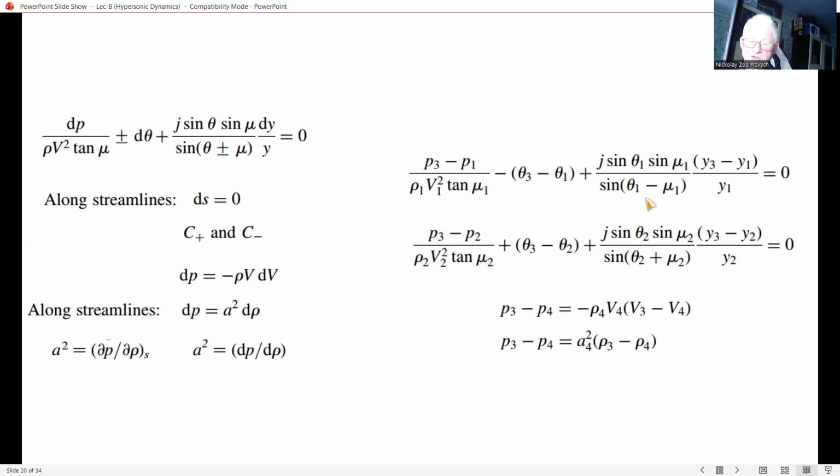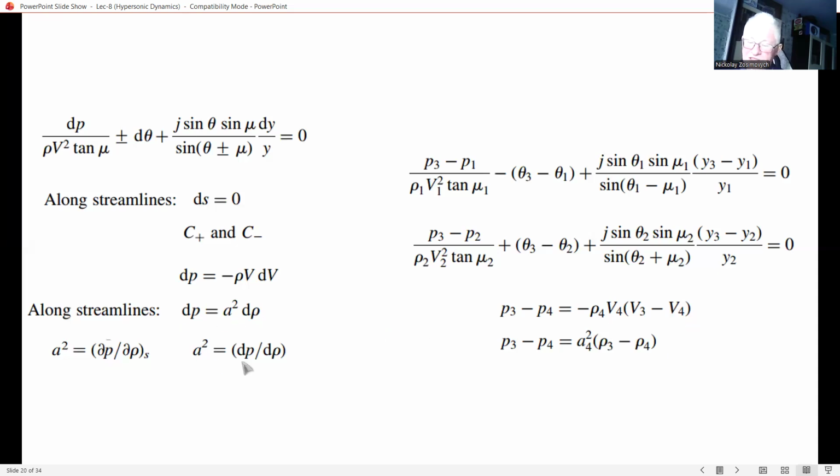Okay, another equation that we can see here, written along the streamline, we may transform into this form: P3 minus P4 equals minus rho 4 times V4, times, in parentheses, V3 minus V4.